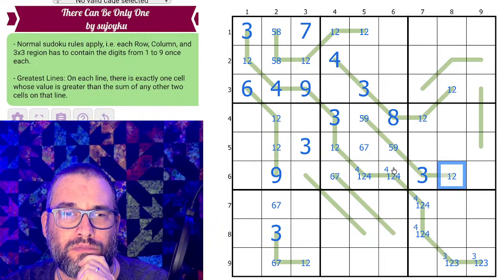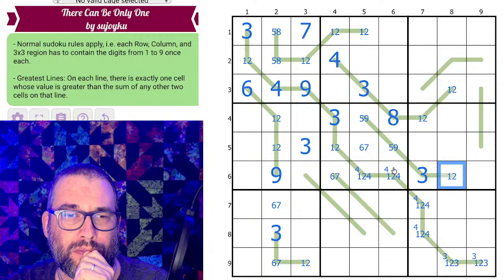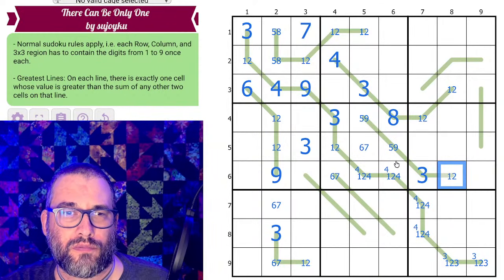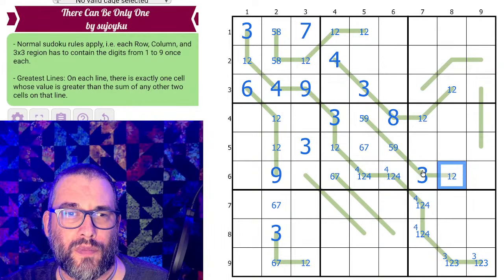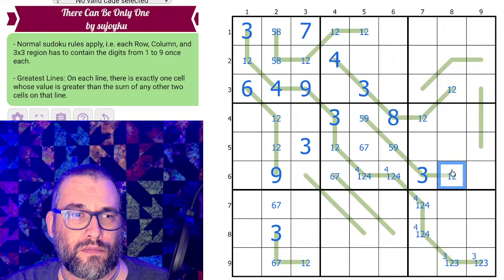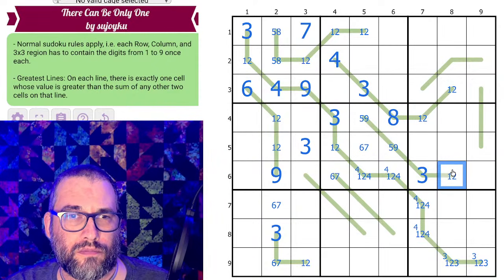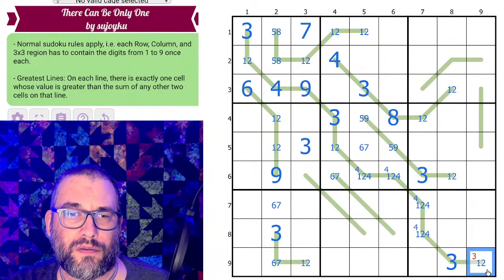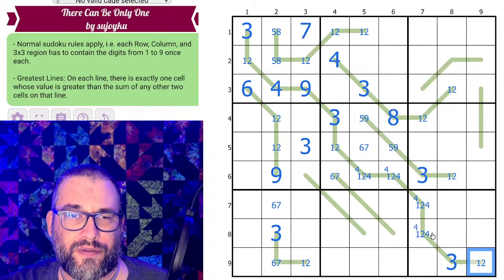Ah, 1, 2 pair column 8. Those are floating around everywhere.